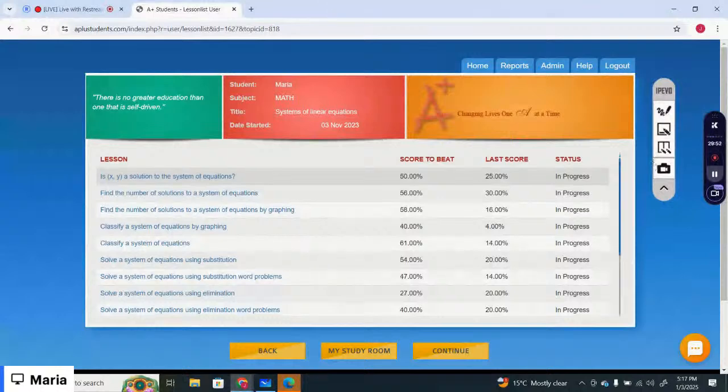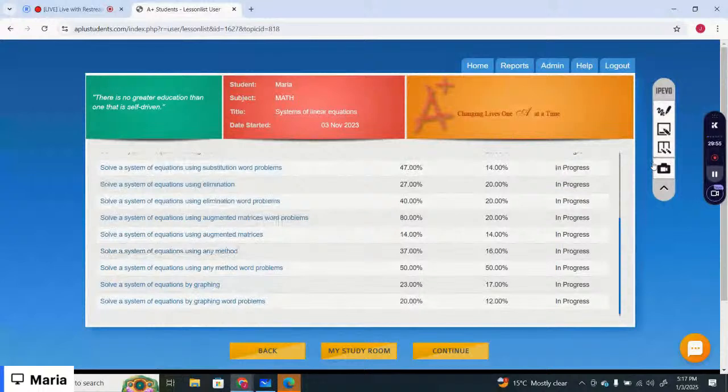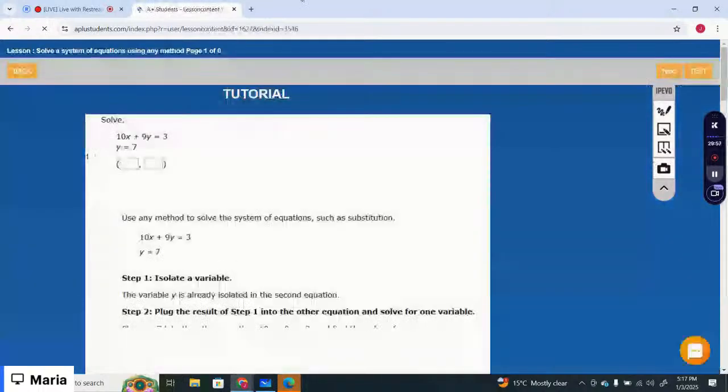The next lesson is solve a system of equations using any method. Nx plus 9y equals 3 and y equals 7.